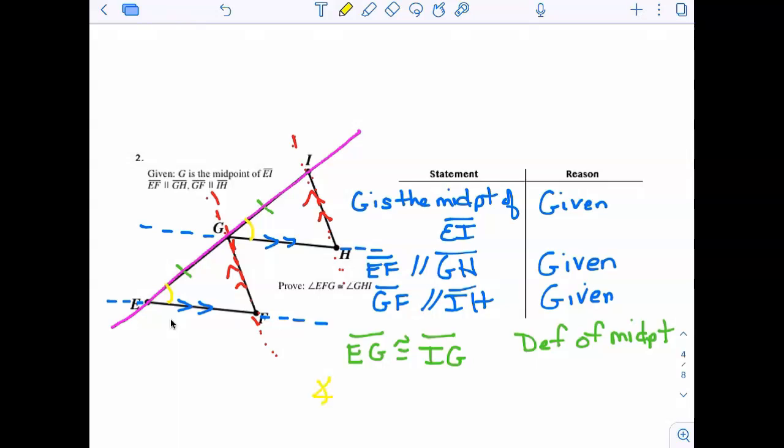So I have angle GEF, and that would be congruent to angle IGH, and they would be congruent by corresponding angles.